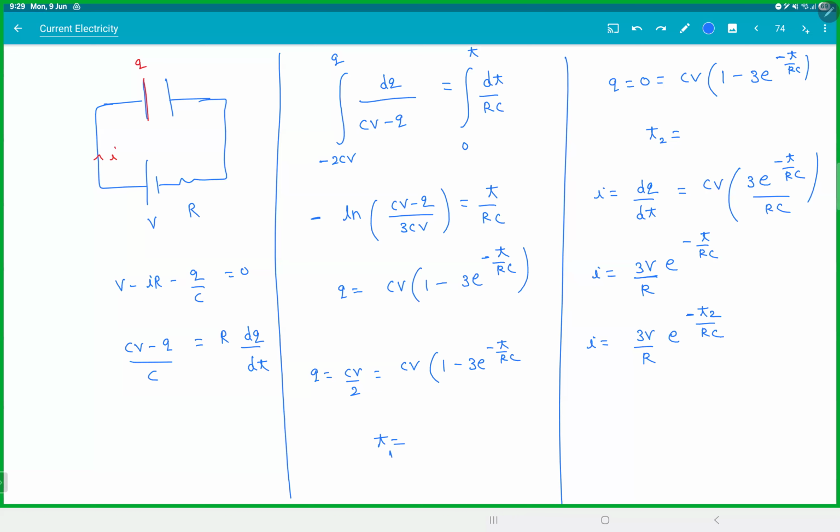Is that clear, everyone? Any doubts on this?